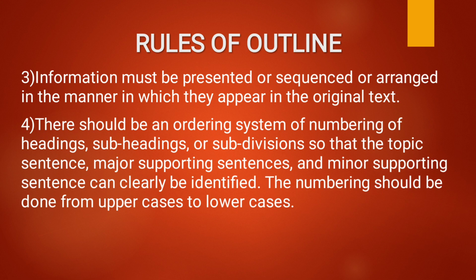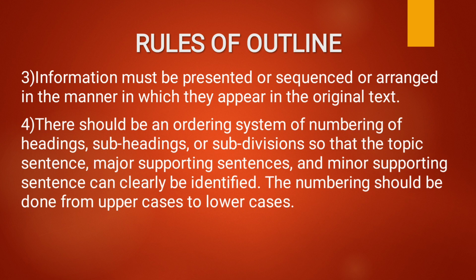And then the numbering system should be done from upper cases to lower cases. Yes, indeed. We are saying that the outline is the diagrammatic method of making notes or taking notes. And then it follows a straight pattern.